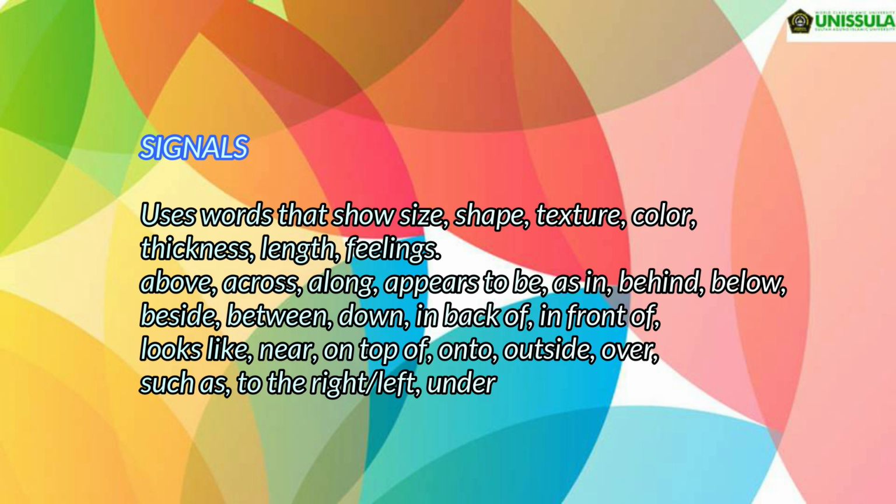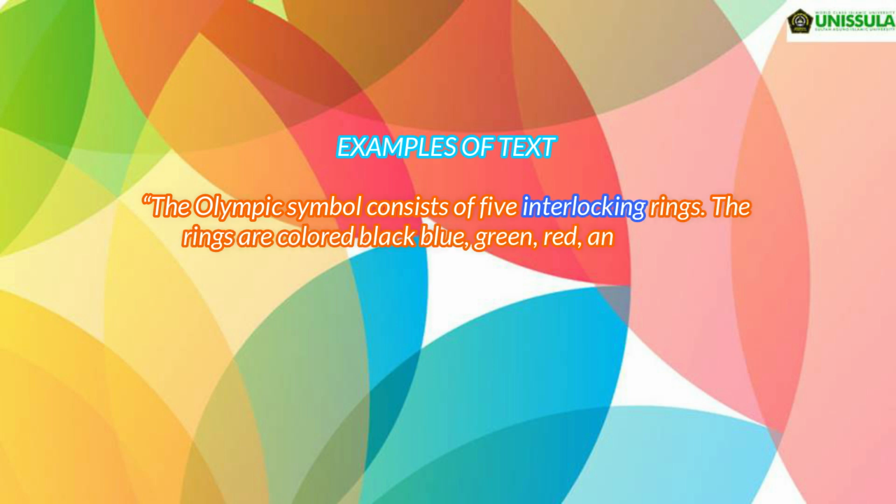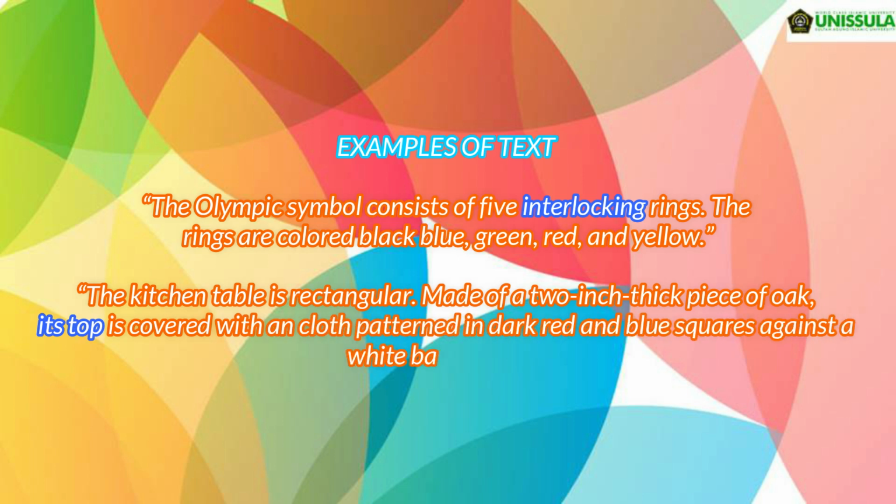These words can show the size, the shape, the texture, color, thickness, length, and feeling. These are the signal words. And then there are two example paragraphs here. You may read them by yourself and try to comprehend. Does the paragraph answer the two questions before? Check again.